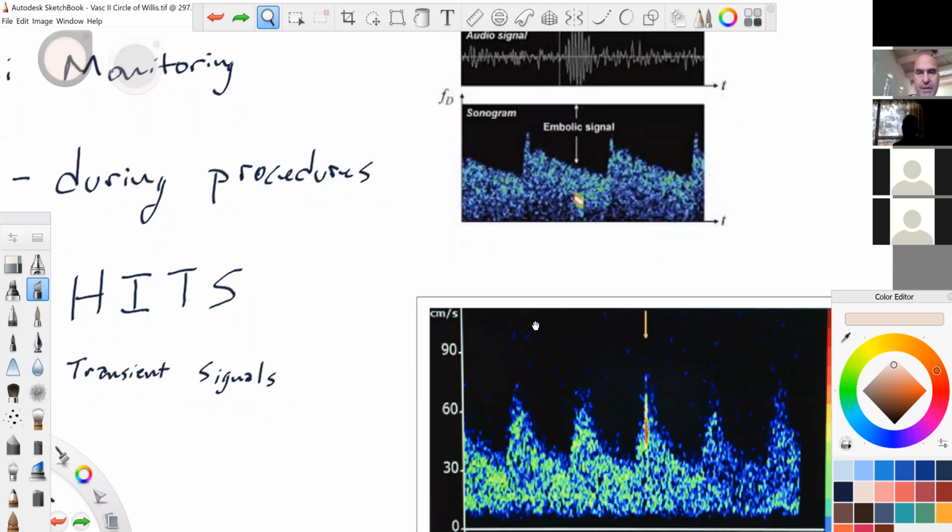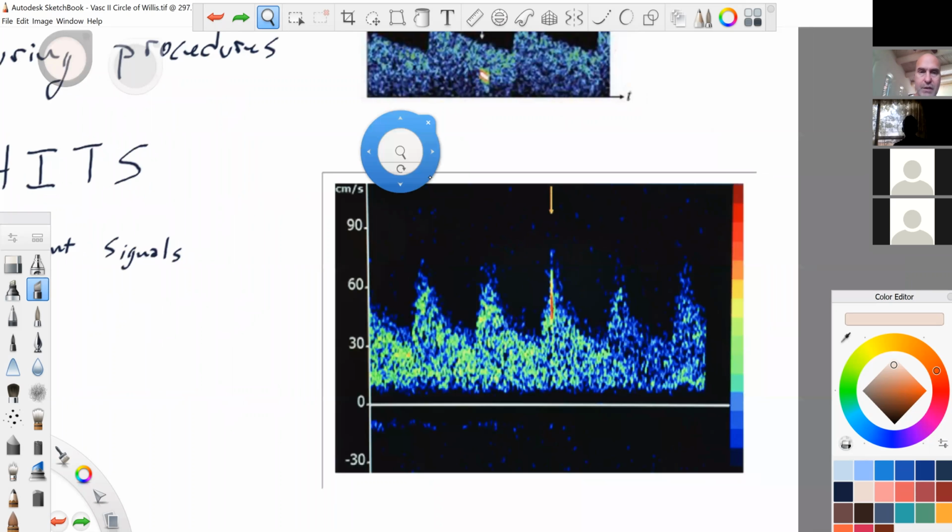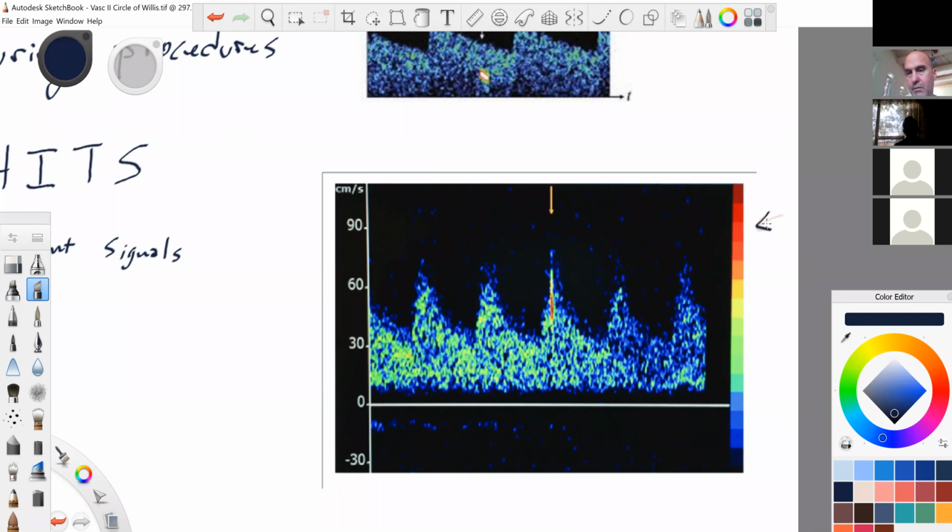Another image down here, which I thought was great. Oh, and by the way, this is a fancier spectral than we have. It's a color spectral. So there's actually a color map on the side here, which I'm not 100% familiar with, but I believe the color is amplitude.